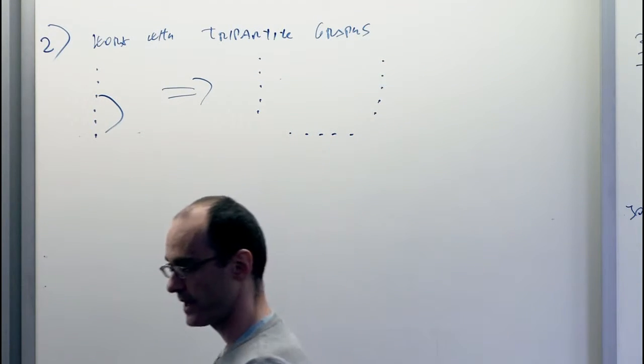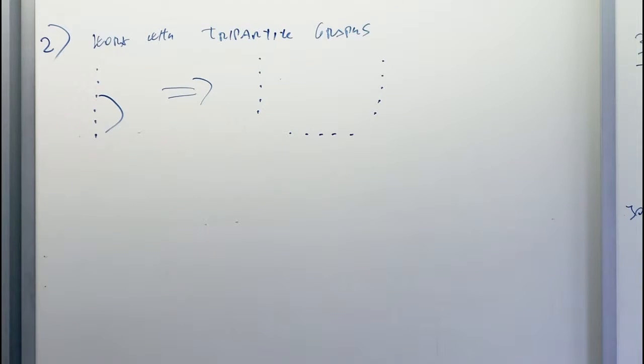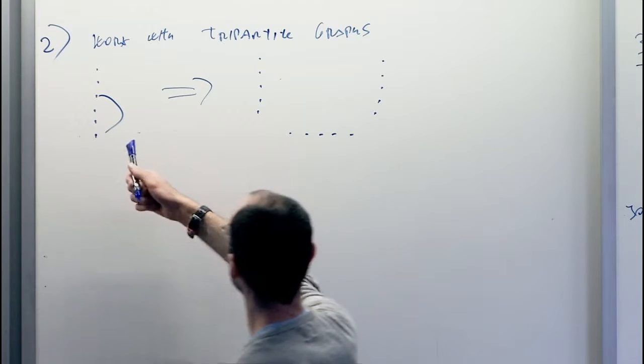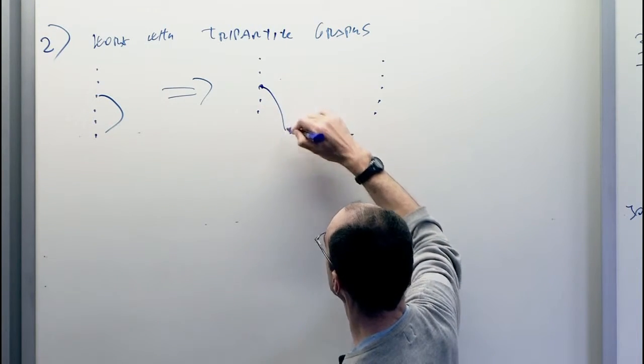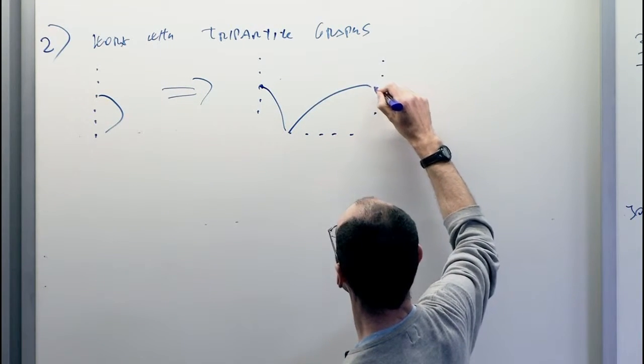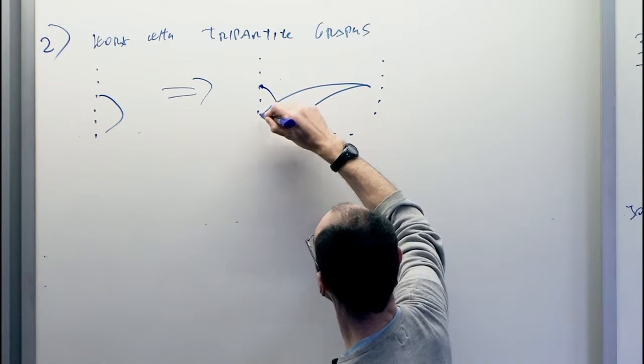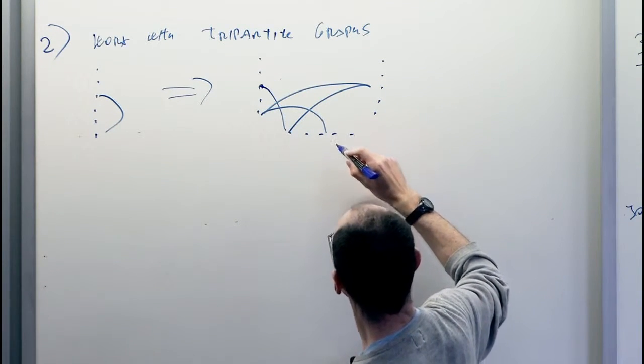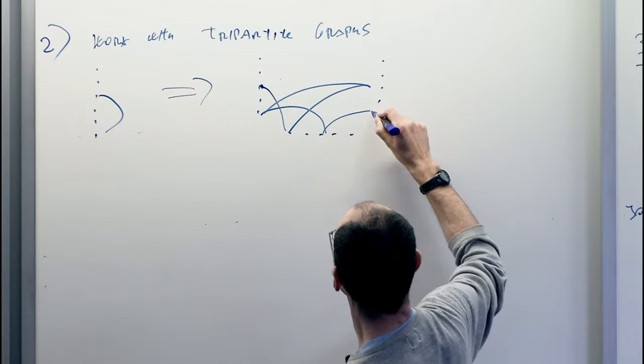I'm going to triplicate all the nodes, and I'm going to repeat each edge 6 times, 1 time for every pair of parts. For example, this edge here will now go from here to here, and here to here, and so on.